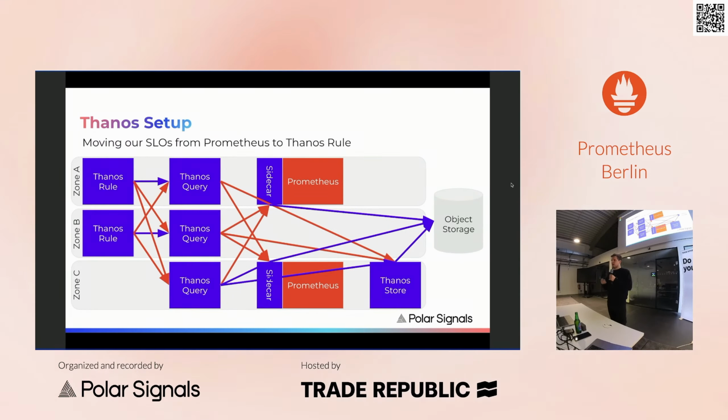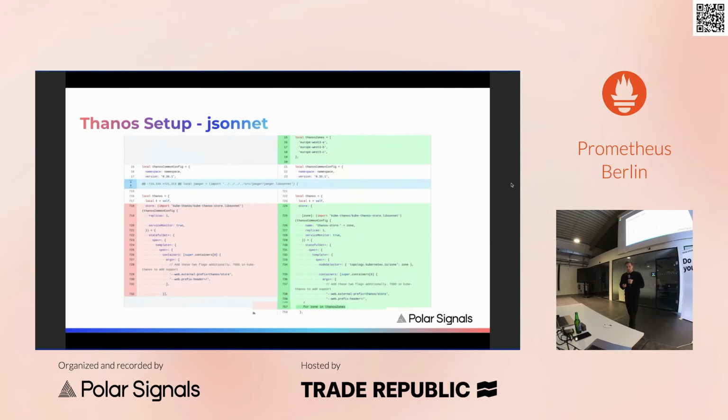So we can do if else statements, we can do for loops, etc. And it turns out that having this Jsonnet setup was pretty nice, because at the very top, we basically just defined the Thanos zones we wanted to deploy the components to, and then we used those zones and templated them into selectors, such that a pod would only get scheduled onto nodes in a specific zone, for example.